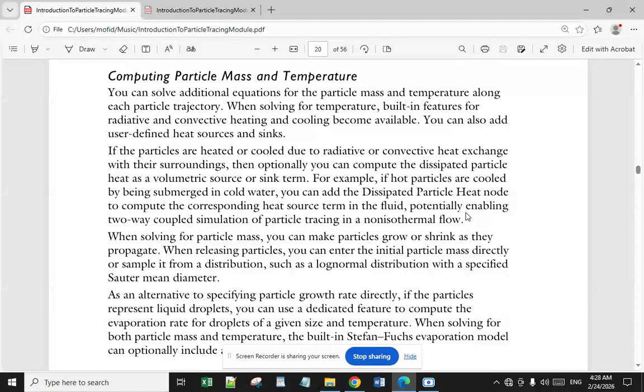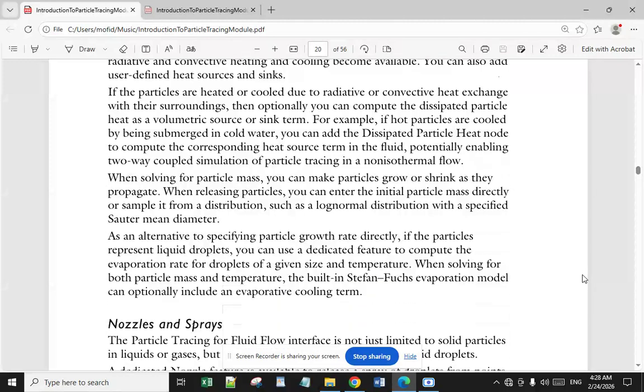For example, if hot particles are cooled by being submerged in cold water, you can add the Dissipated Particle Heat node to compute the corresponding heat source term in the fluid, potentially enabling two-way coupled simulation of particle tracing in a non-isothermal fluid.